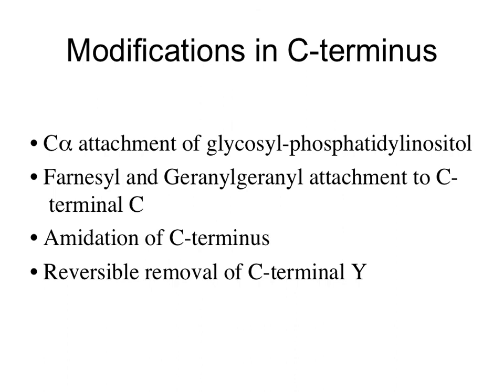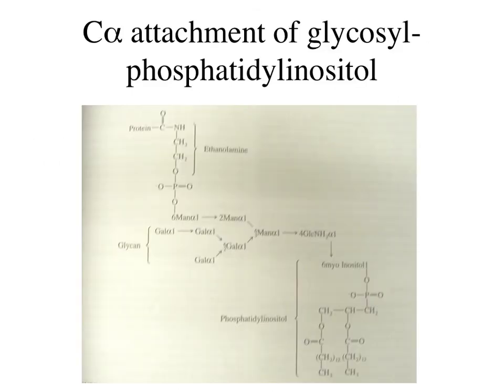Now, modifications of the C-terminus. So you can have C-alpha attachment of glycosyl phosphatidylinositol, farnesyl and geranylgeranyl attachment to the C-terminal cysteine, amidation of the C-terminus, and then reversible removal of the C-terminal tyrosine. In terms of the C-alpha attachment of glycosyl phosphatidylinositol, this occurs at the terminal alpha carboxy group.